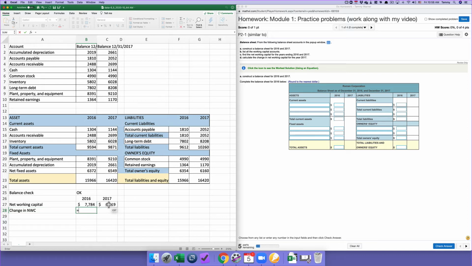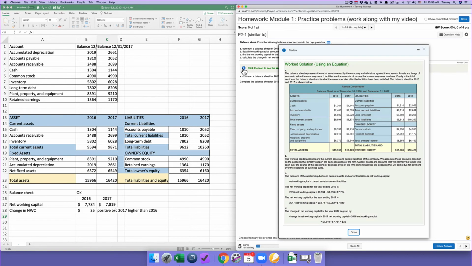I'm going to have to look at the answer and then verify. New minus old. So there's $35 more in working capital in 2017. So this is positive because 2017 is higher than 2016.